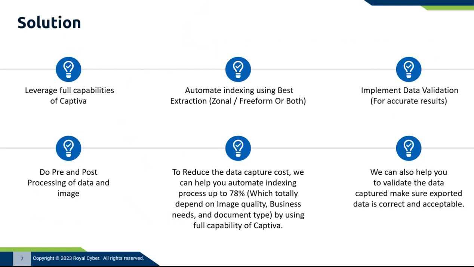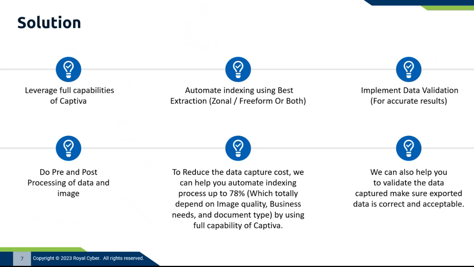Captiva provides a lot of facilities and tools to extract the data, to do automation, and to integrate with any type of workflows or content management systems. So we always need to keep our minds open and use Captiva as much as possible in order to achieve the maximum out of it.